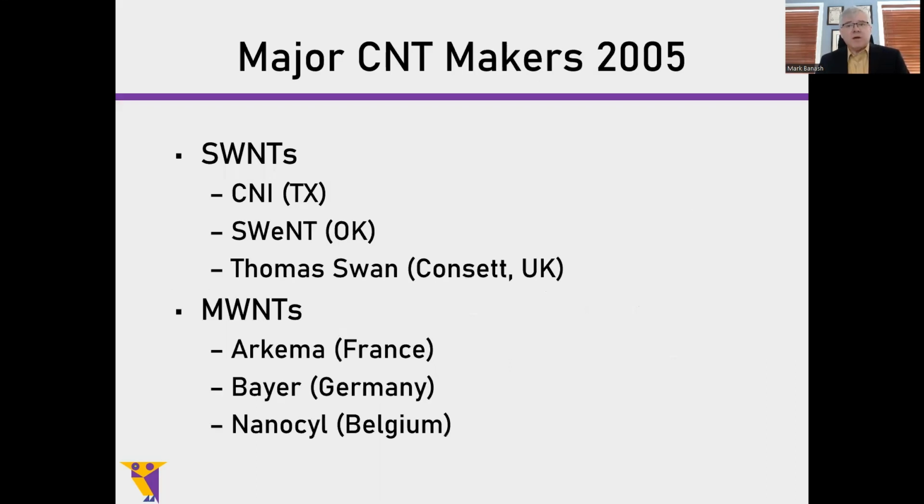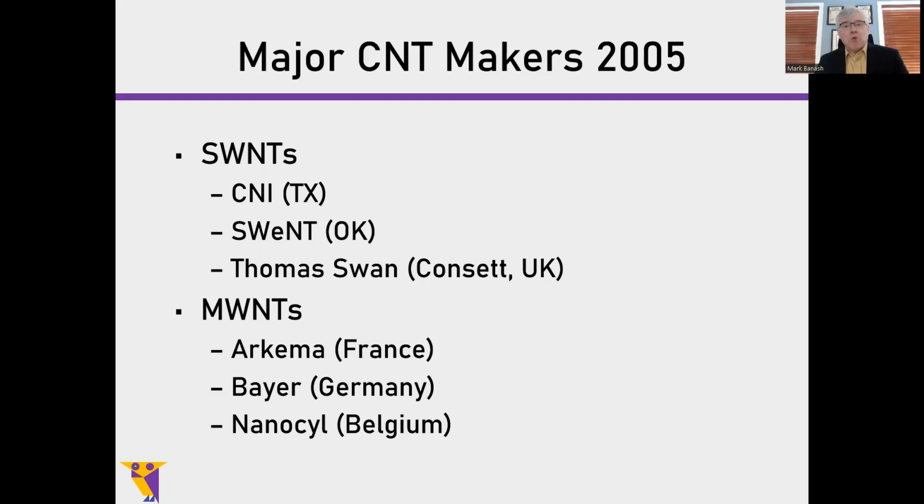So let's go back about 20 years. In the year 2005, there were the following major manufacturers of nanotubes. Single walls were made primarily by a company called CNI, Southwest Nanotechnology in Oklahoma, Thomas Swan in Consett, UK. These were the companies that were the major manufacturers of single walls. Multi-walls, you may recognize their manufacturers.